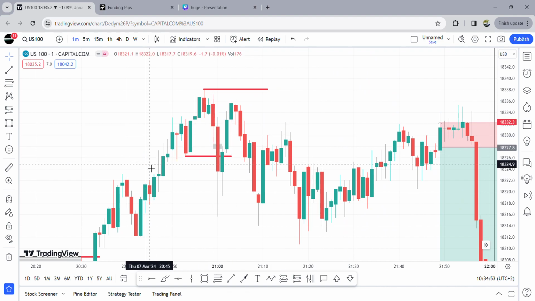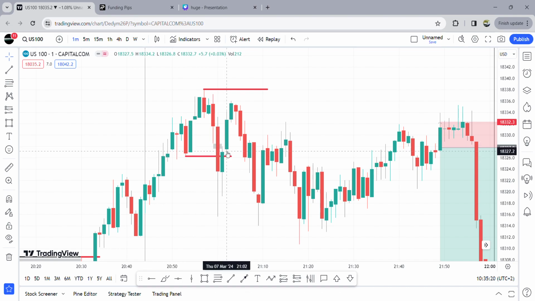That on its own, if you study enough, you'll see this pattern on its own is really powerful. So it's a high being made, the previous swing low, and then a break of the swing low. I think that's break of structure. I don't even know what the stuff is called anymore. It's like, okay, it works. I don't care what it's called.